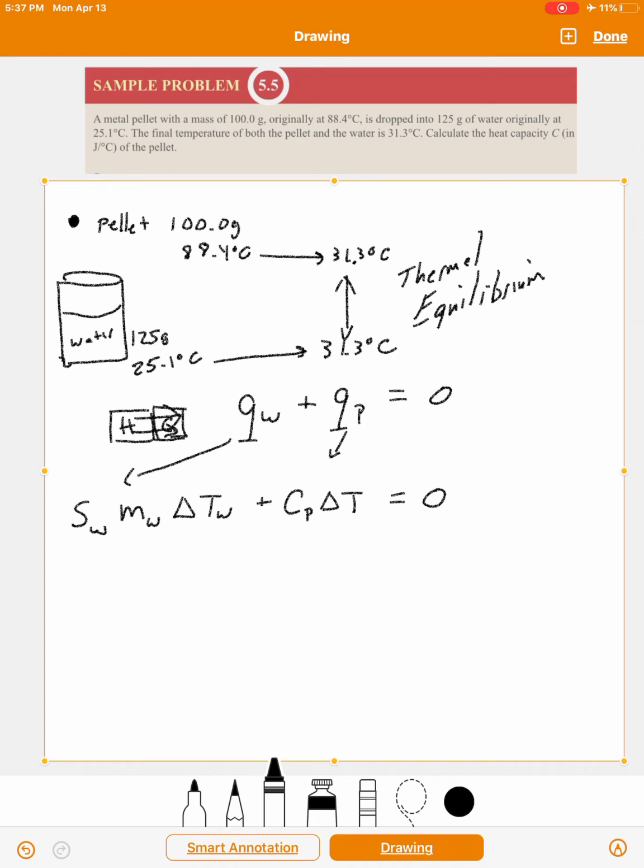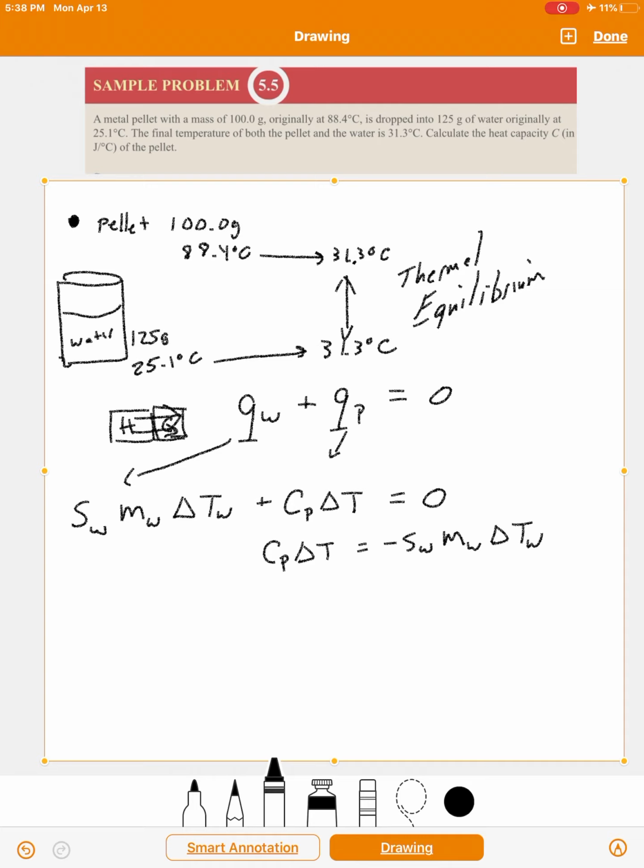Now we want to know the heat capacity. So here's what I'm going to do. I'm going to subtract the heat term for water from both sides. So I'm going to subtract S m delta T for water from both sides. And when we do that, we'll have C of the pellet times delta T equals minus S m delta T, right? I just subtracted it from both sides. So it disappears on the left side and appears as a negative on the right.